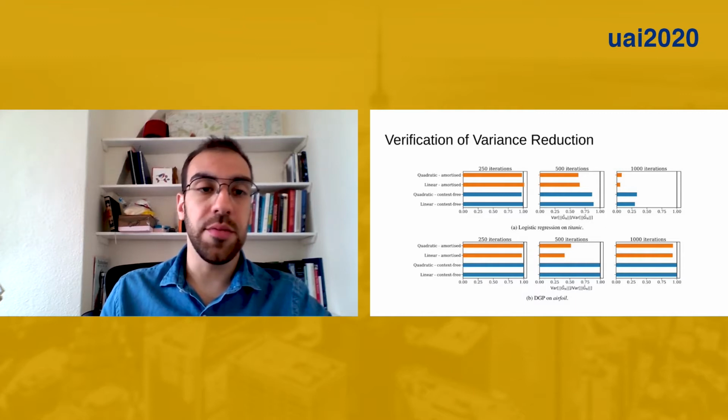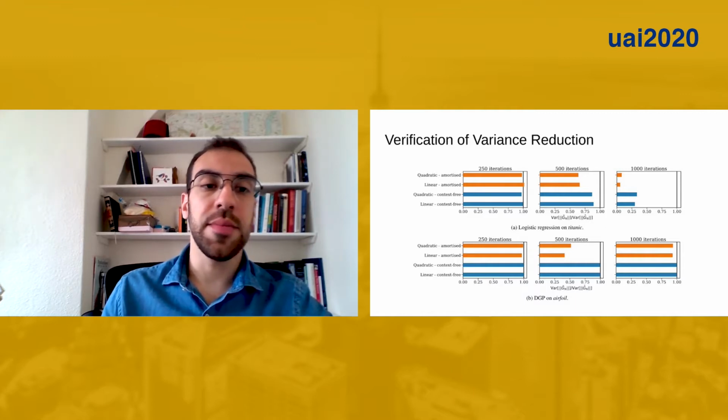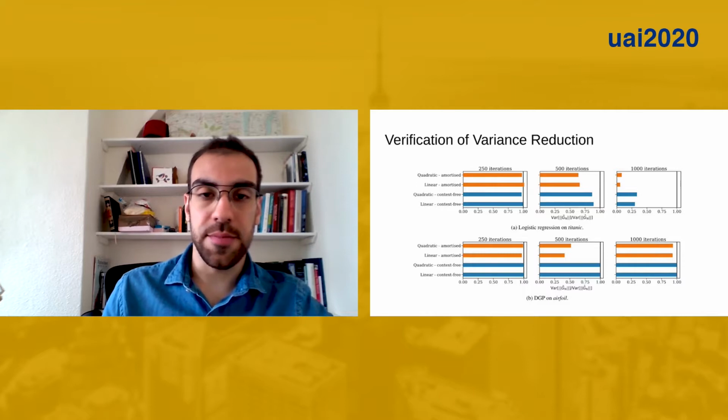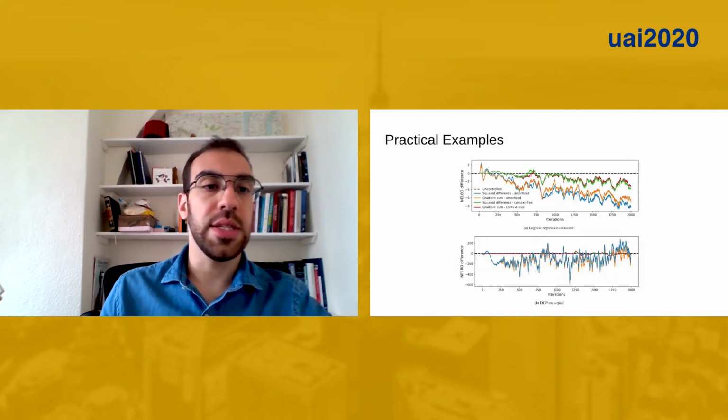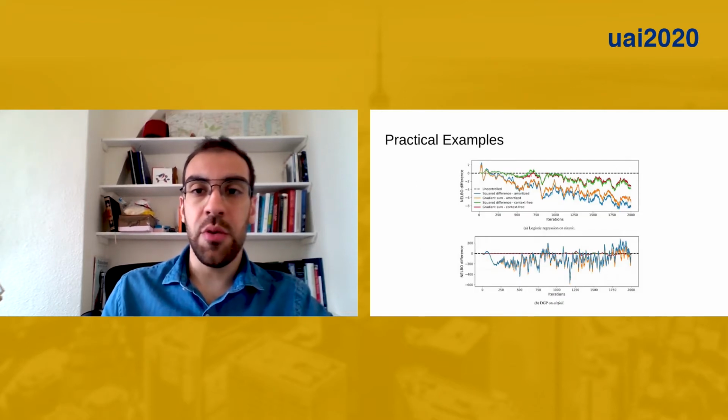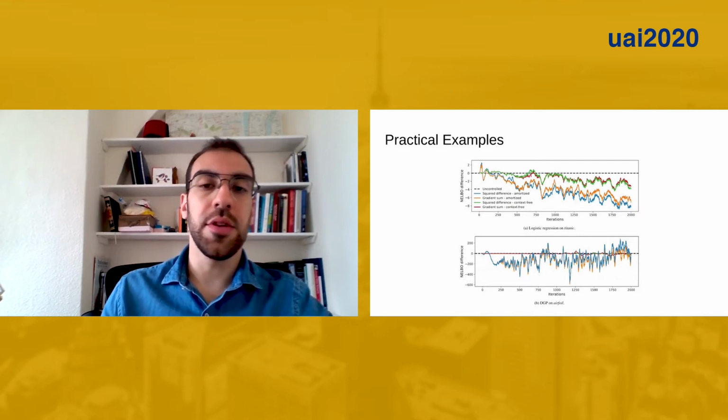And this can be seen on both a logistic regression example as well as a deep Gaussian process example. Finally, to test the effect this has on optimization, we plot the difference in the negative ELBO traces of the optimization with the controlled gradients from the optimization with uncontrolled gradients. We see that amortized control variates have better performance during the optimization than the context-free case.